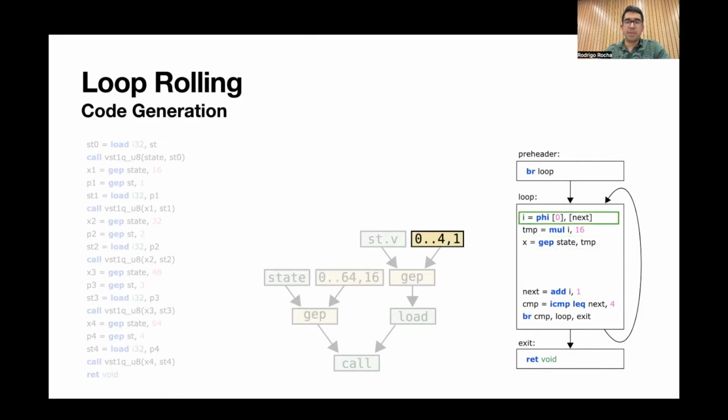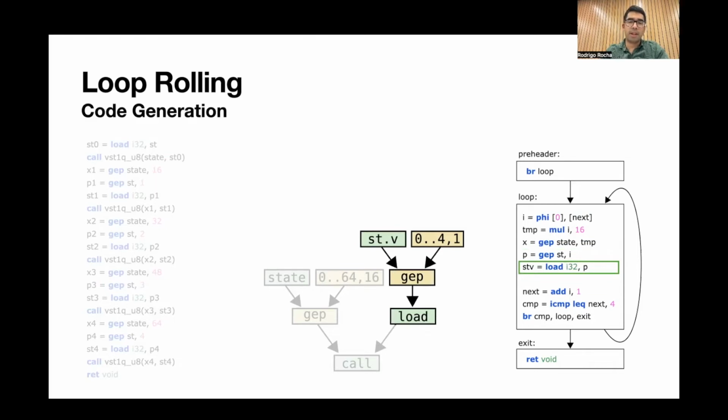On the other side of the graph, we have this sequence that simply goes from 0 to 4, incremented by 1. This is what the iterator is already computing, so we can simply use the iterator in this case. Now we have another GEP instruction. In this case, we'll just use the iterator for the offset value. And this GEP instruction is used by a load instruction.